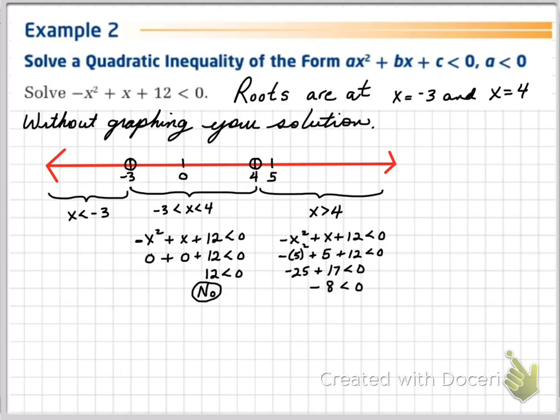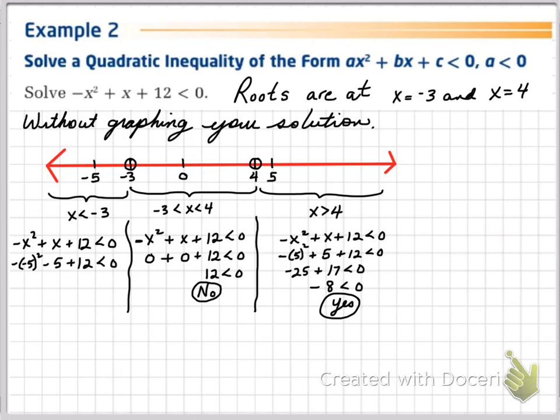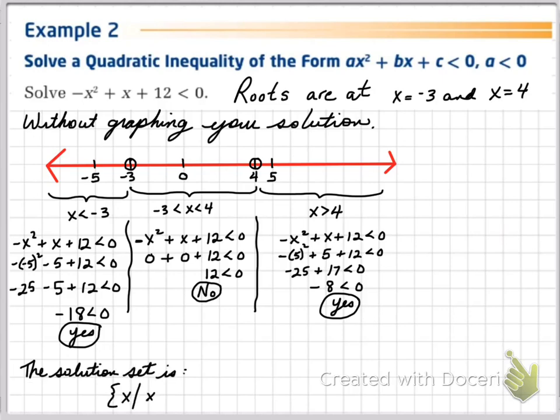Yes, that works, so that's part of our solution. On the other side, let's try -5. Over here, you end up with -18 is less than 0. Yes. So again, we've got a two-part solution. The solution set is the set of all x such that x is less than -3 or x is greater than 4, and x is any real number over that interval.